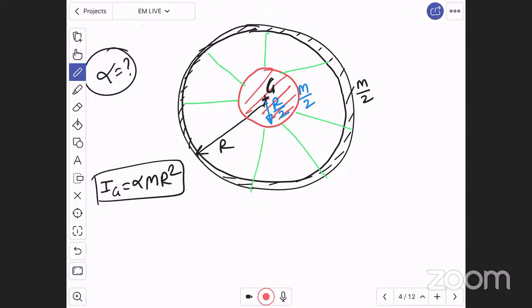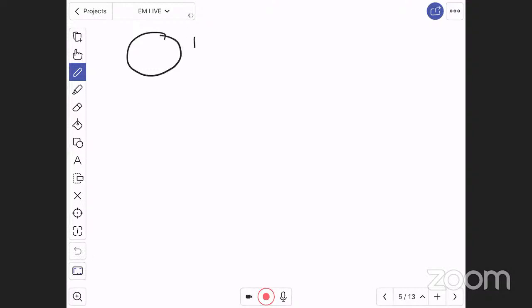My dear students, for a ring, I about G, the centroid, is m r square. Let us understand first: let us say there is a ring of radius small r and mass small m.